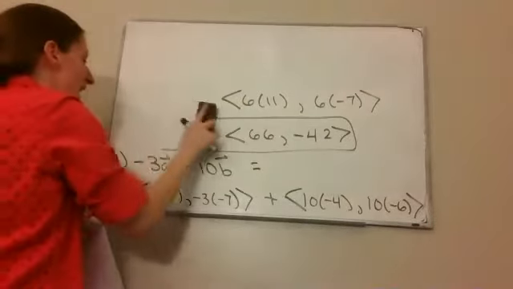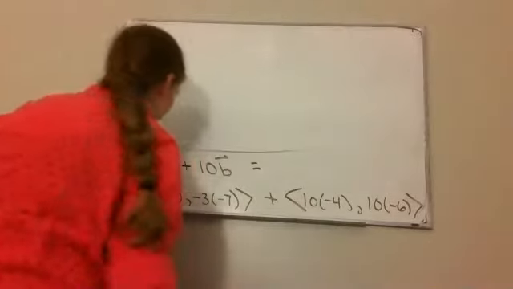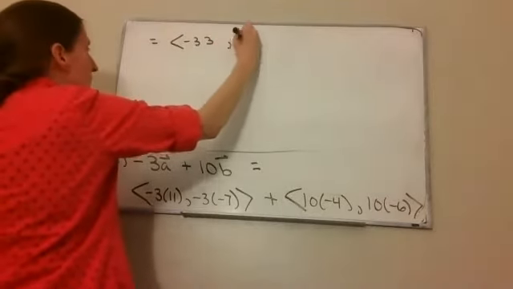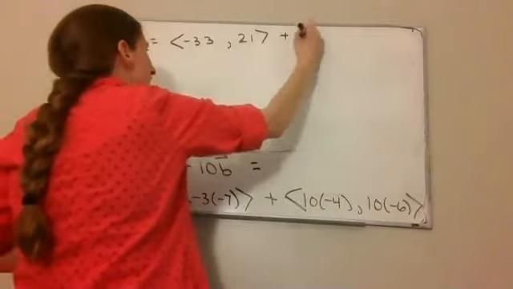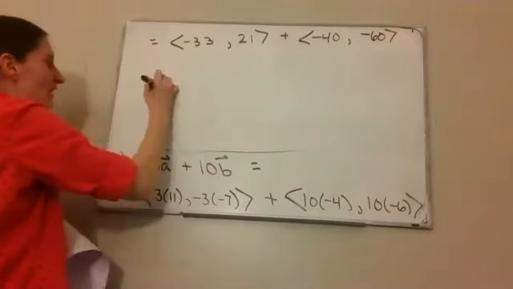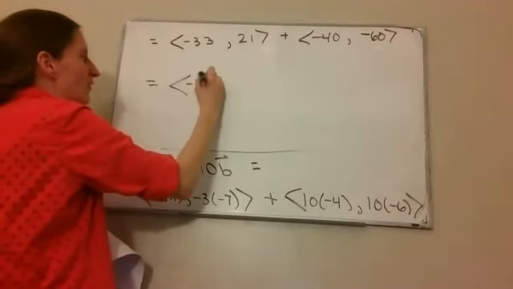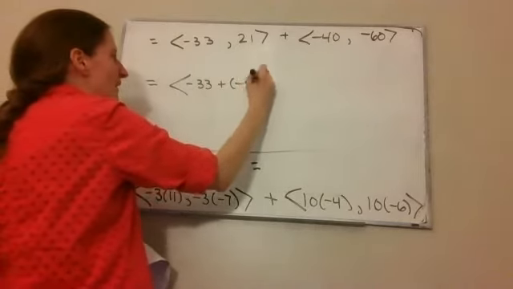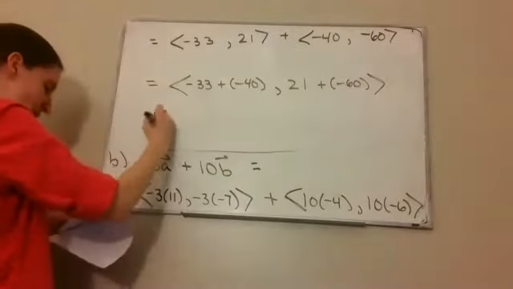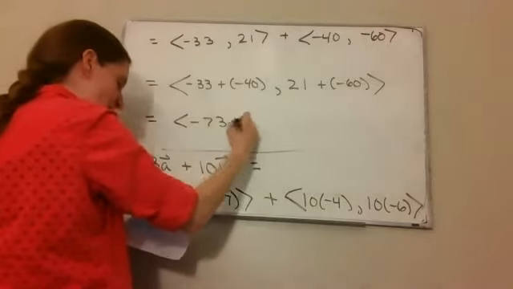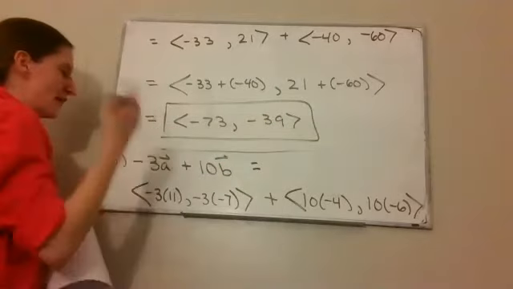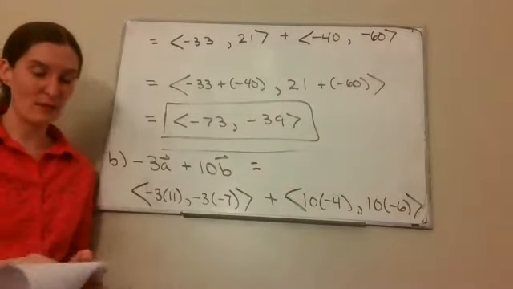So when I simplify that, I have negative 33, positive 21, plus negative 40, negative 60. Now I can add component-wise, so I get negative 33 plus a negative 40, and 21 plus a negative 60. Fully simplified, that gets me negative 73 and negative 39. And that is equal to my negative 3 times A plus 10 times B.